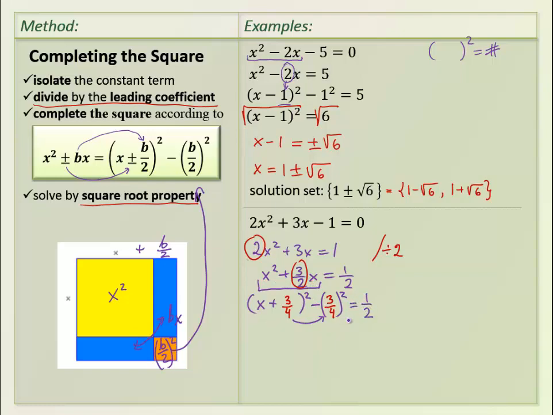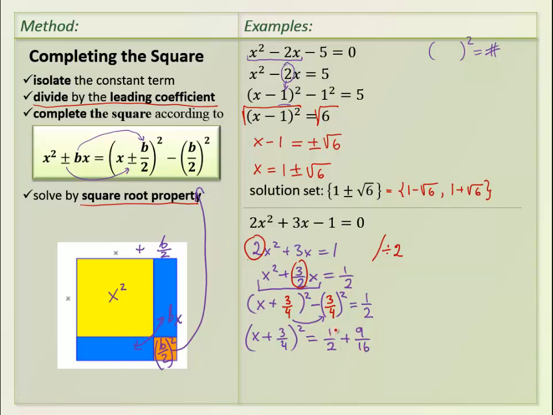And the final step would be to solve it. That means bring the three numbers to the other side and use the square root property. So we have 1 half plus, and the square of 3/4 is 9/16. Now, in order to be able to add these two fractions, we need to extend the 1 half to the new denominator 16.